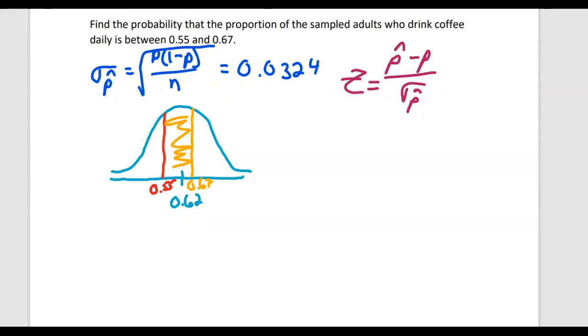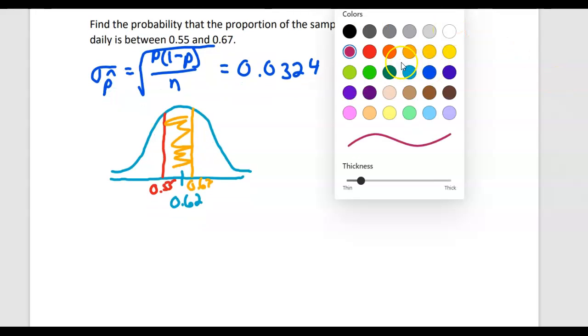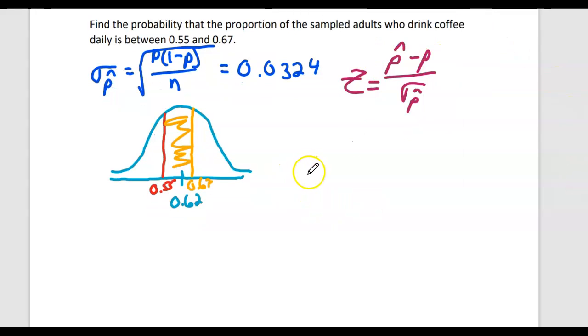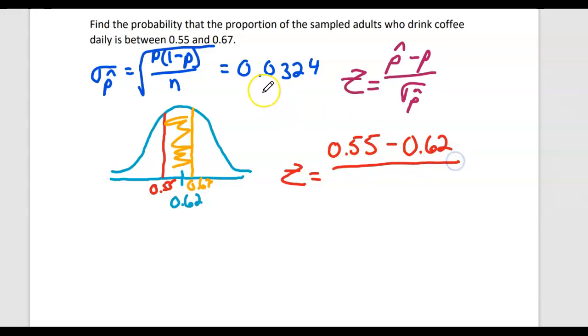So I'm going to scroll down a little bit, and I'm going to start with the 0.55. And so I'll take 0.55 minus our mean, which was 0.62, divided by the standard deviation, 0.0324.